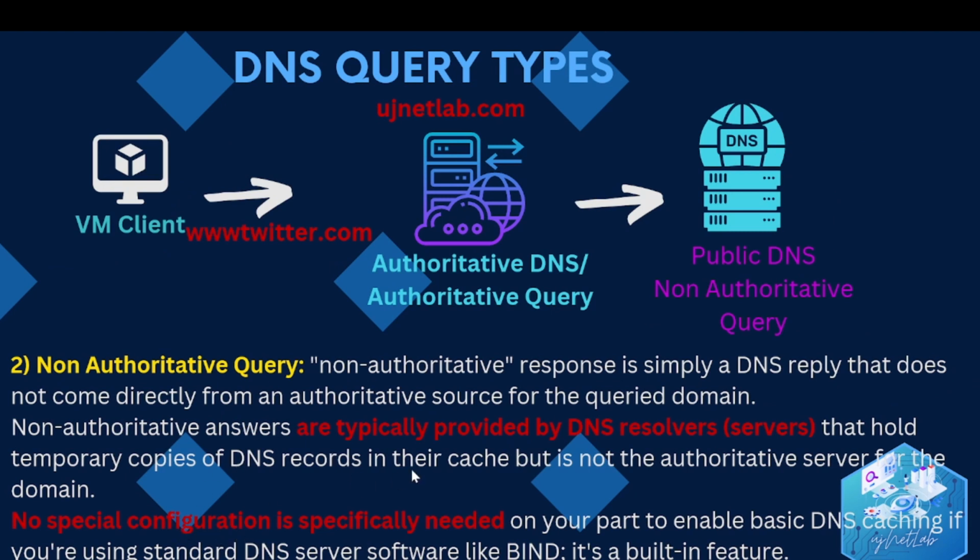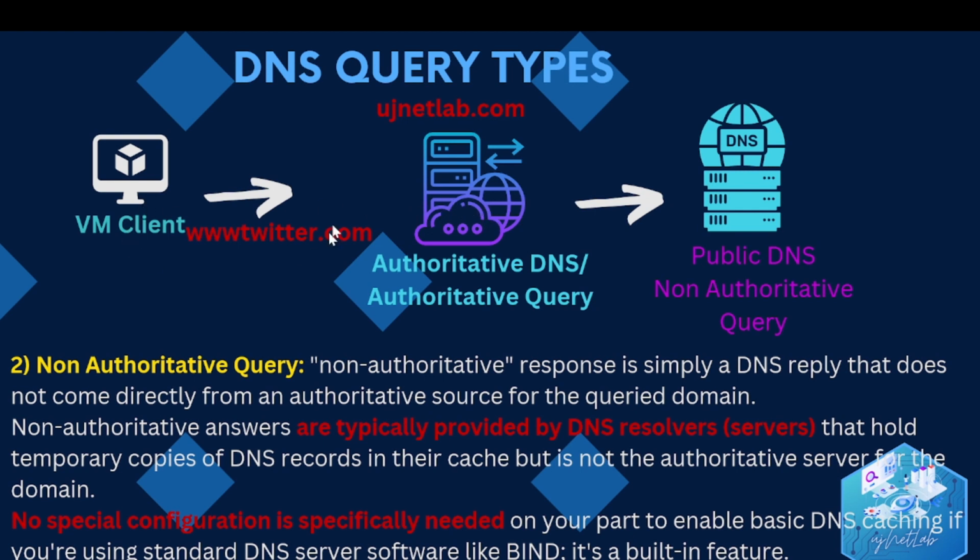No special configuration is needed on your part to enable basic DNS caching if you are using standard DNS server software like BIND; it is a built-in feature. As already discussed, once it gets a reply from the public DNS, it has the cached information.